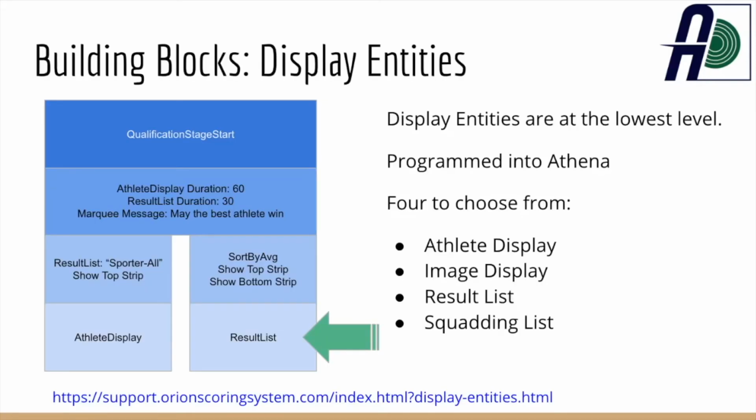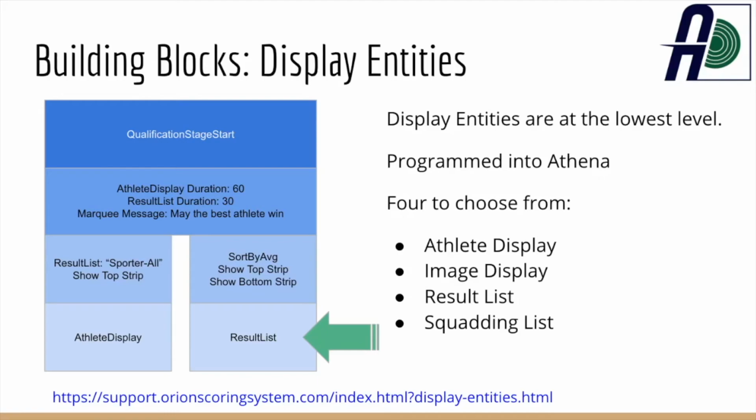In order to compose your own JSON configuration files, you have to understand the building blocks of how it works. So we're going to talk about each of these 4 layers, the 4 building blocks to compose your own configurations. At the very bottom is the display entities. If you recall back at the beginning of the presentation, we talked about the 4 different display entities that we have. And these are actually programmed into Orion.